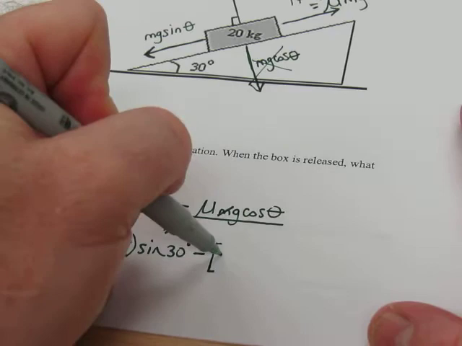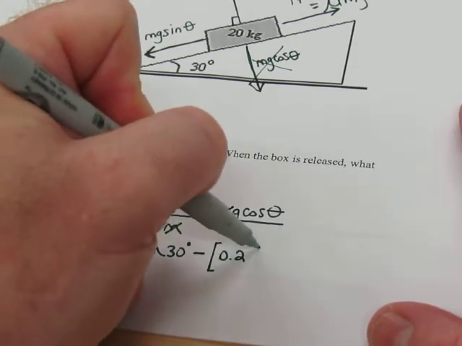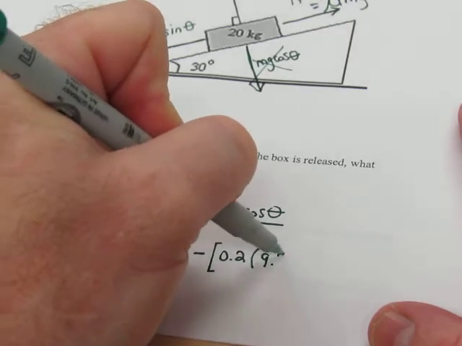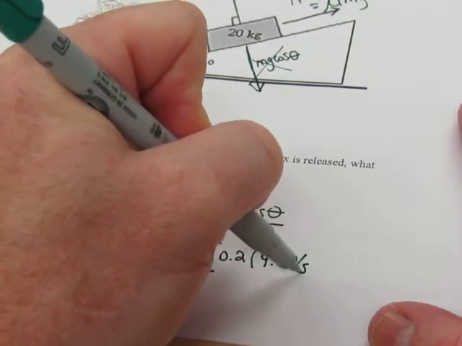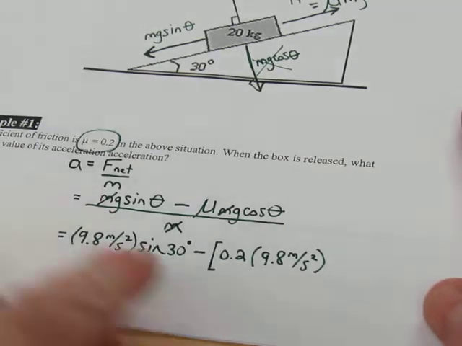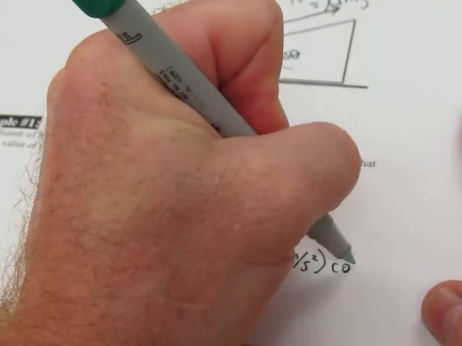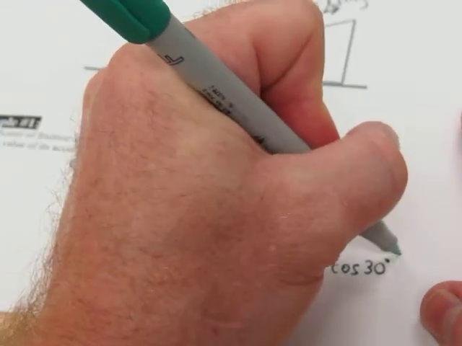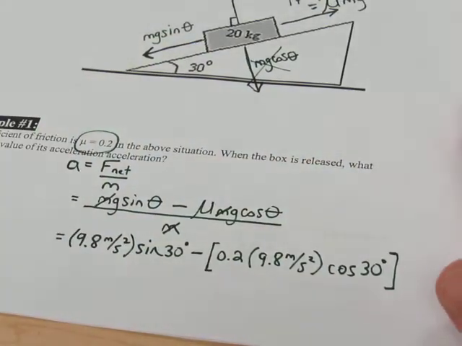The coefficient of friction is given as 0.2. G shows up again. I suppose maybe I could have pulled it out as a common factor first and shortened this a little bit, but oh well, too late now. 9.8 cos of 30 degrees.